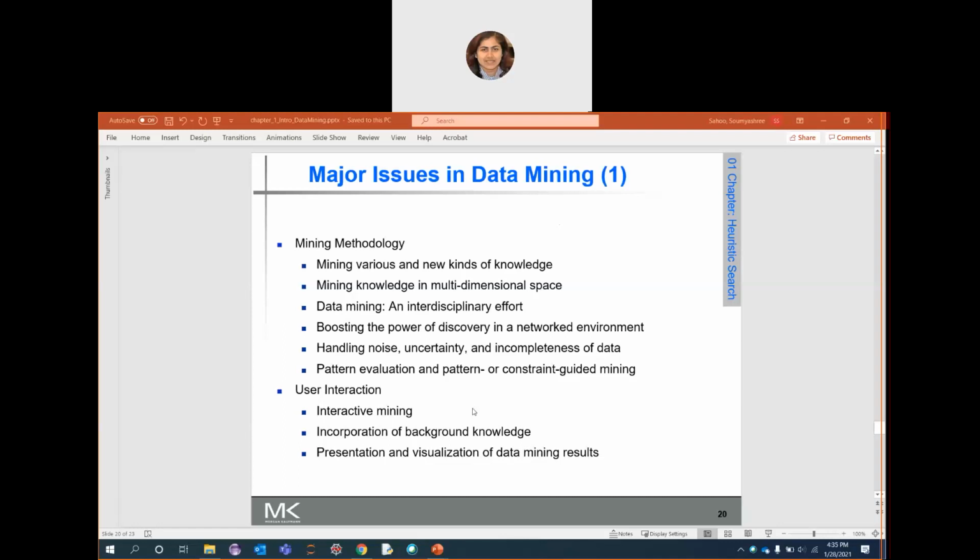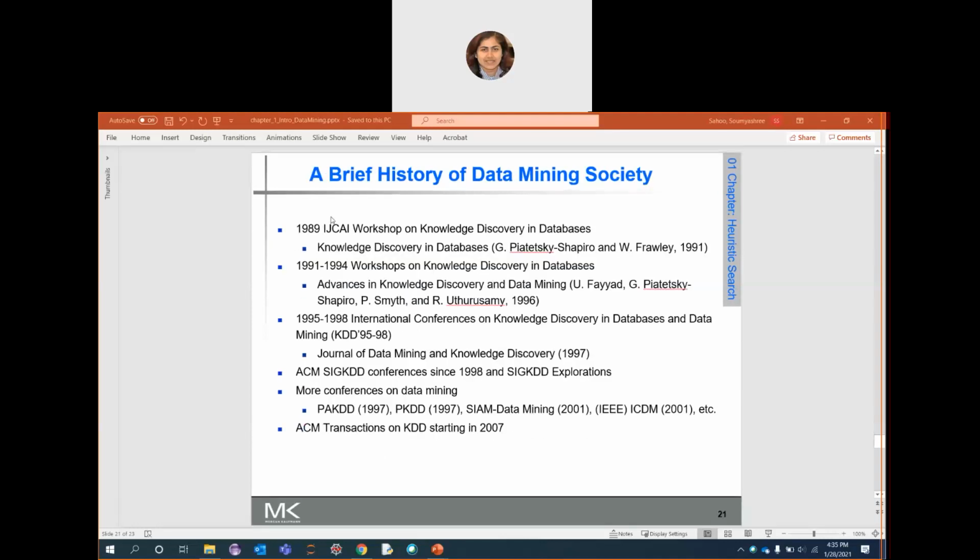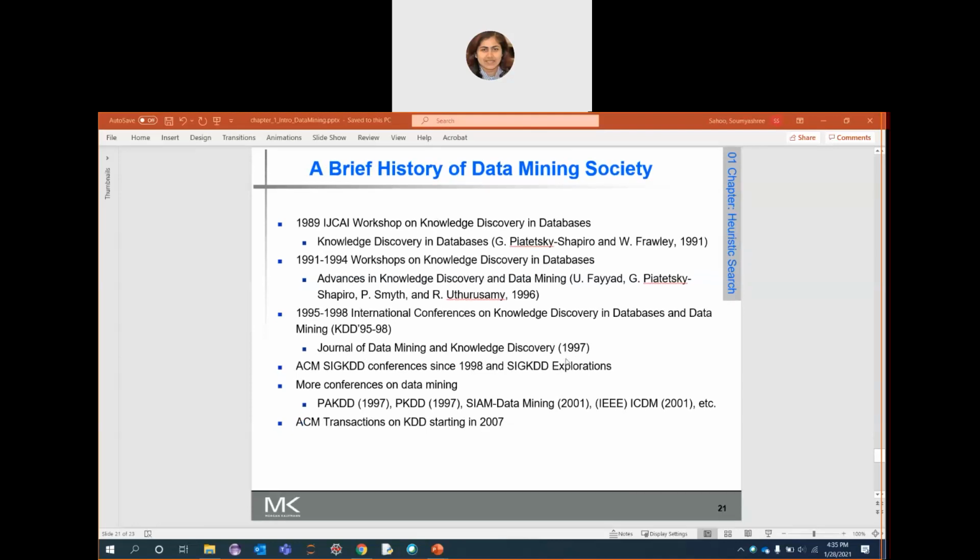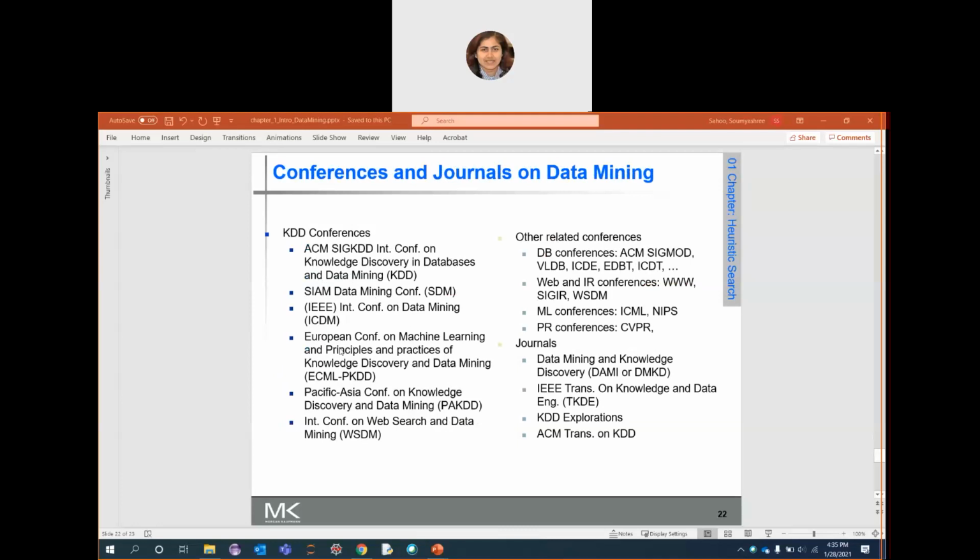Okay, these are the different issues of data mining, and I have given you some references, a brief history about the data mining society here. You can refer to all these references for your own knowledge. And these are some of the conferences and journals in data mining, some of the recent works. You can refer to them and gain more knowledge and details about data mining.